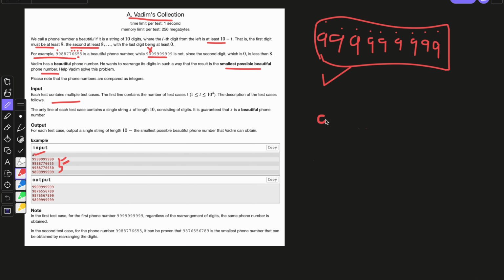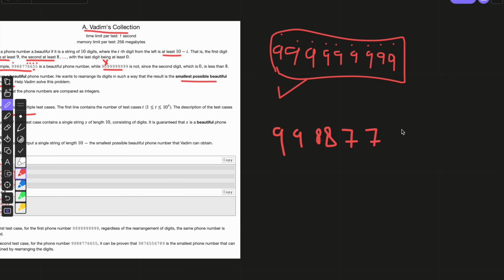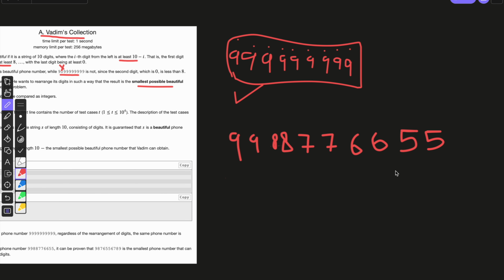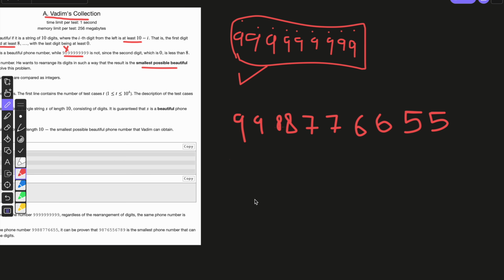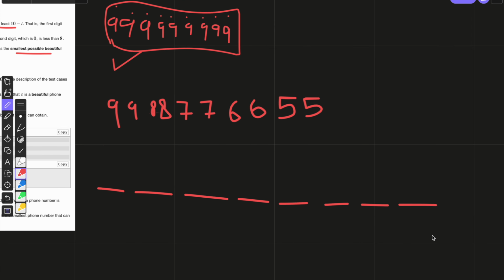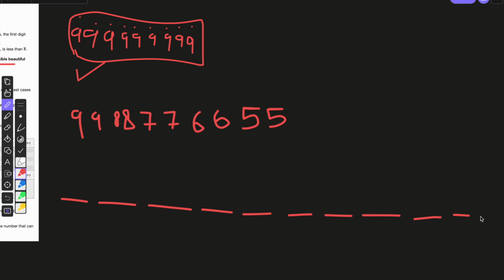It is 9, 9, 8, 8, 7, 7, 6, 6 and 5, 5. Let's write the positions 1, 2, 3, 4, 5, 6, 7, 8, 9 and 10.